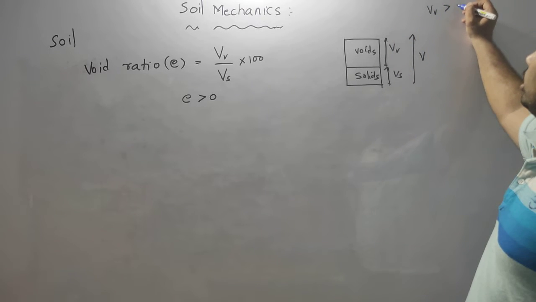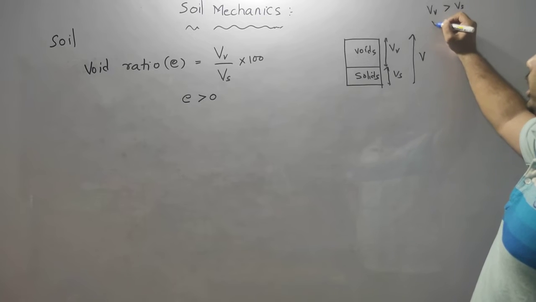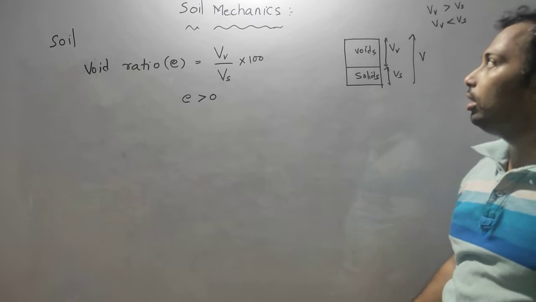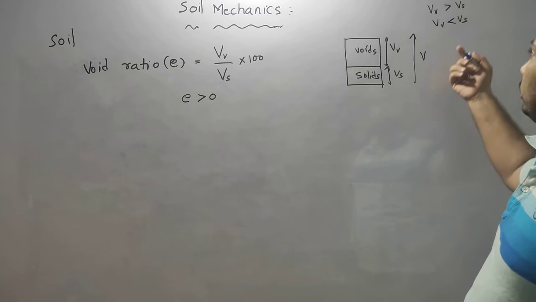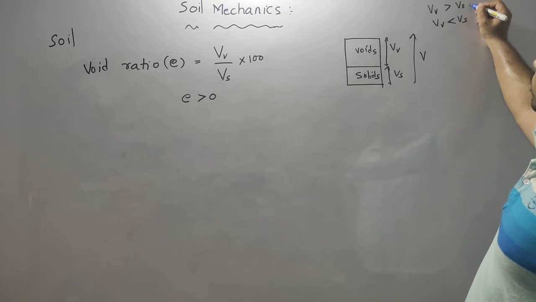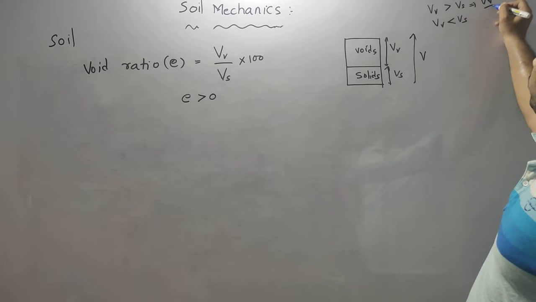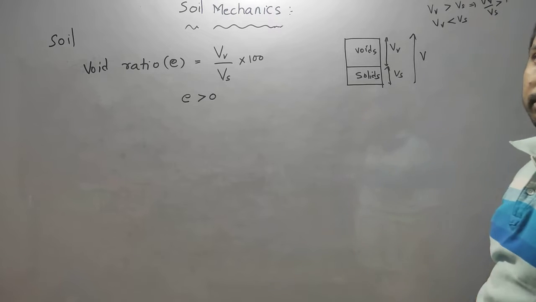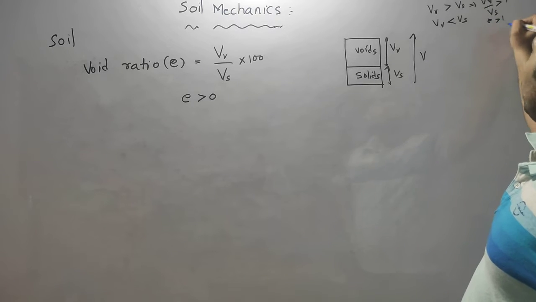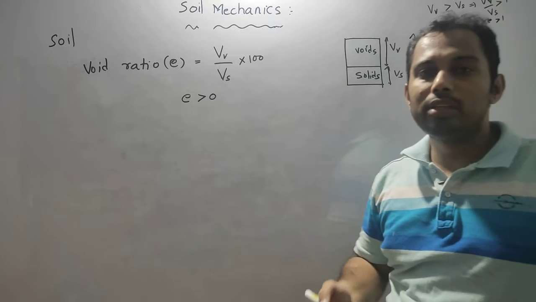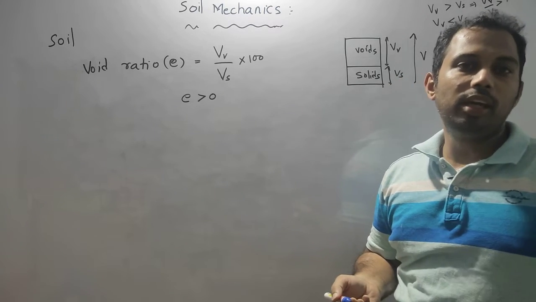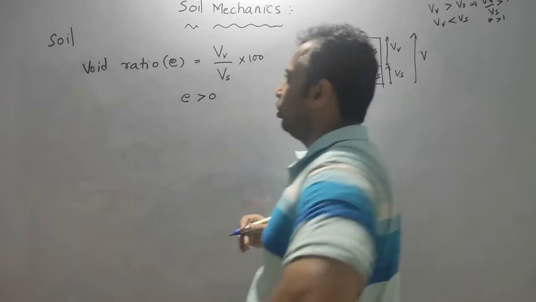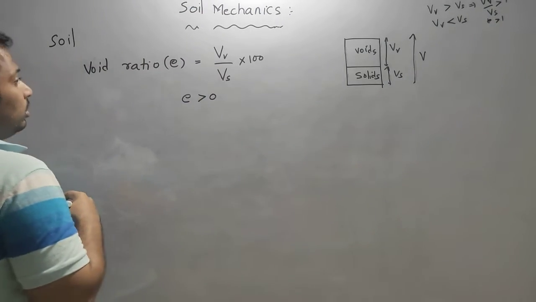It can be greater than volume of solids, it can be less than volume of solids. If it is greater than volume of solids, then Vv by Vs is greater than 1, that means e is greater than 1. So e has no upper limit. That is why it can take any value greater than 0.